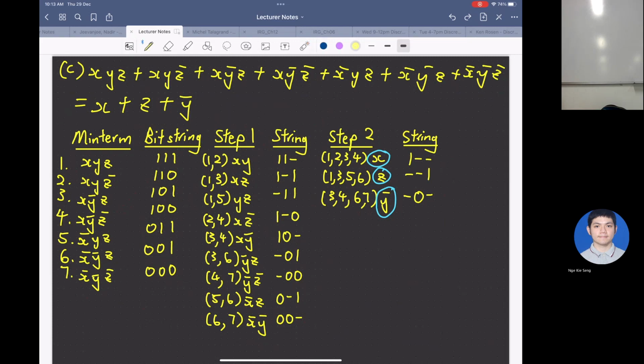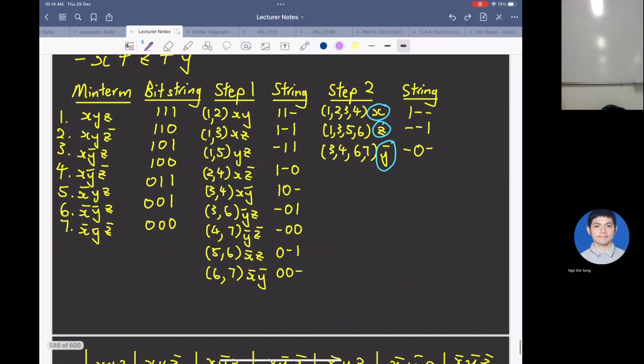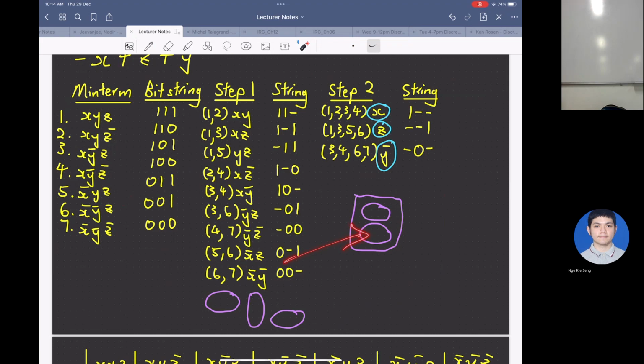If you can imagine in your mind, here we combined adjacent cells like this. But in this step here, we combined all the cells. So the terms that you combined before are not prime because they are contained in a larger block.